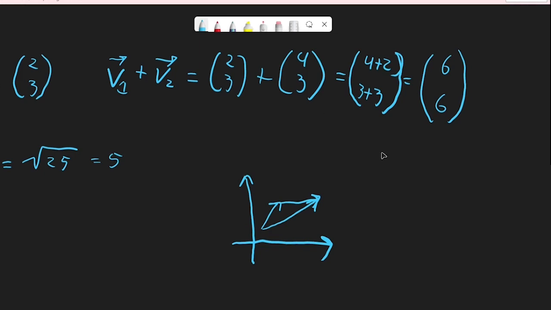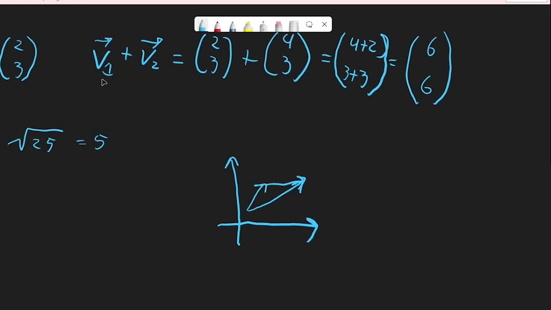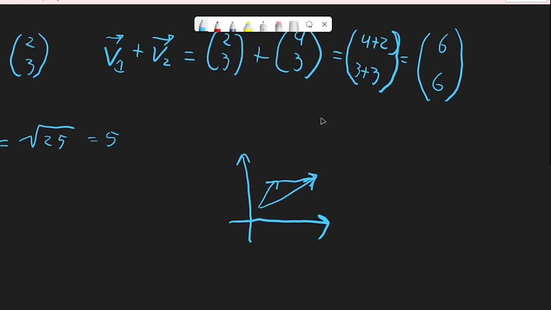So, what do we have now? We have added these vectors, but we can also subtract vectors from each other. So if I take v2 minus v1, and it will be v2, which is 4, 3, minus v1, which was 2, 3.